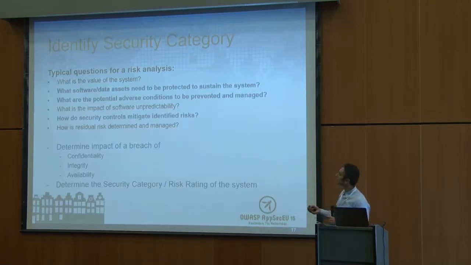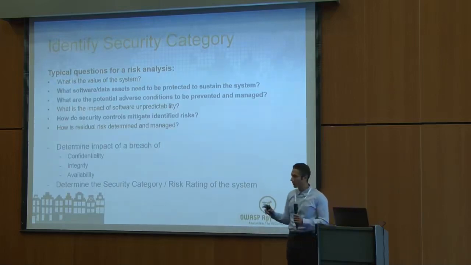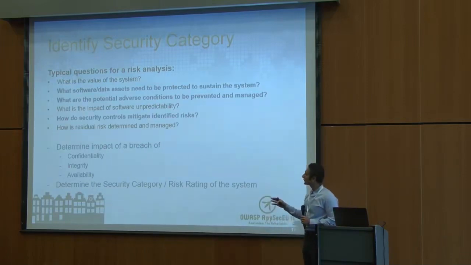Assessing what kind of assets it's going to be processing, thinking about the adverse conditions that might affect those assets, and figuring out what kind of controls or measures that you want in the system, so sort of your security requirements. Out of this, you would come out with something of maybe a risk rating or a category for this application.